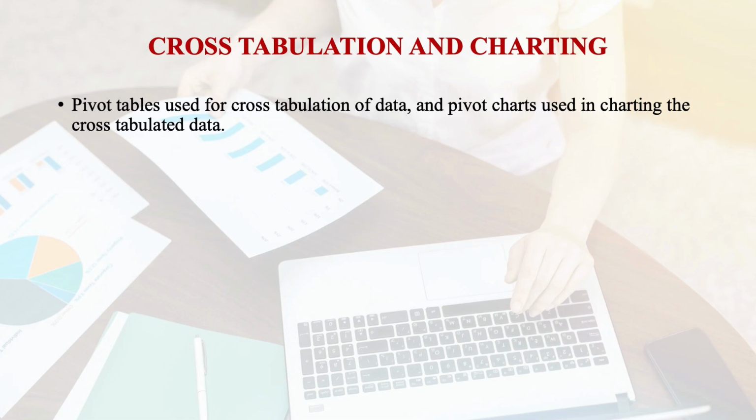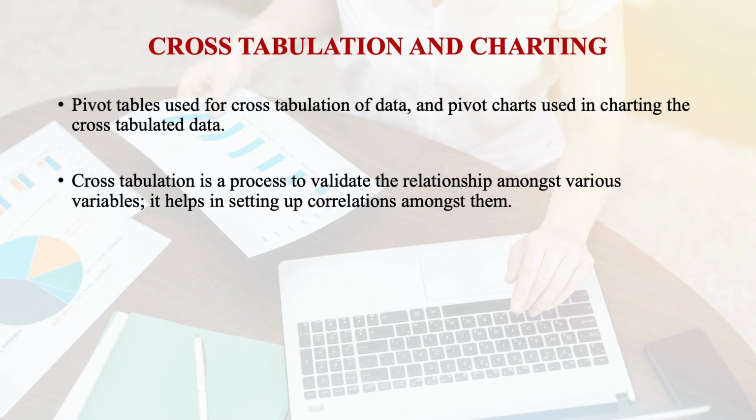Cross tabulation is managed with the help of pivot tables, and you can directly use pivot charts to chart the data which is tabulated through pivot tables. So pivot tables are used for the cross tabulation of the data, and pivot charts are used for charting the cross tabulated data. Cross tabulation is a process to validate the relationship among the various variables, and it helps in setting up the correlation among them.